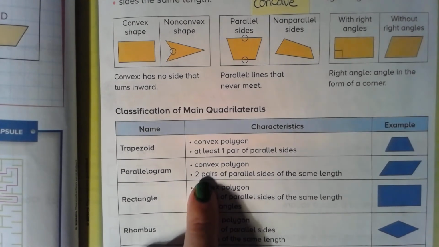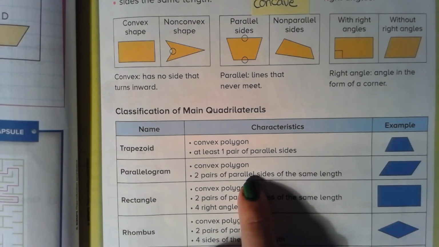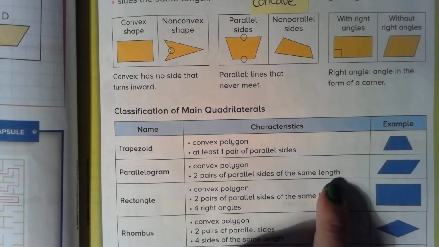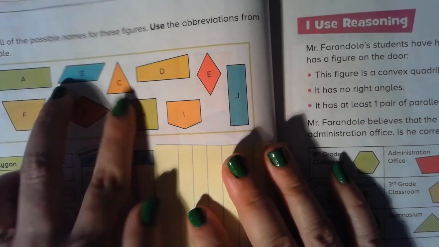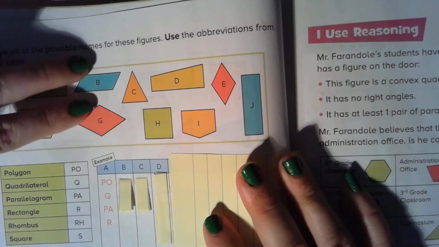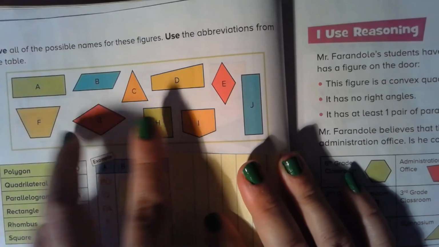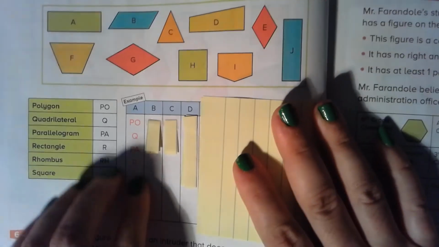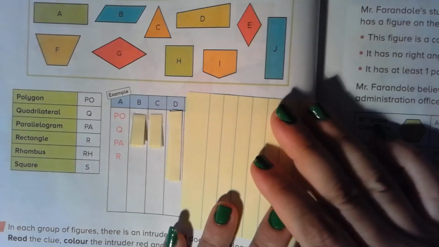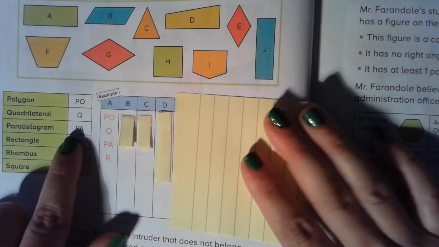It has 2 pairs of parallel sides of the same length. 2 pairs, and these 2 sides have the same length, and these 2 sides have the same length. So yes, it's a parallelogram. So you can put PA.